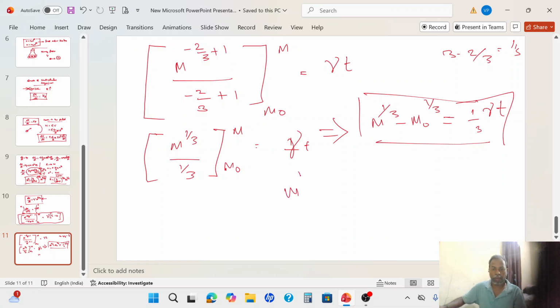So m power 1 by 3 is equal to m naught power 1 by 3 plus 1 by 3 gamma t.